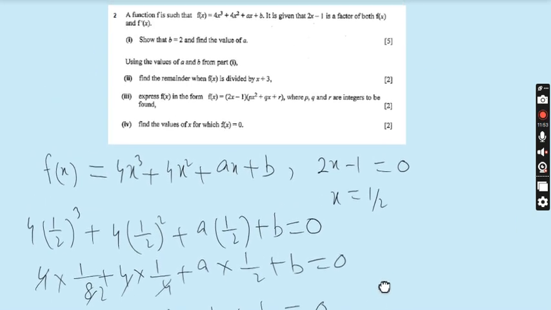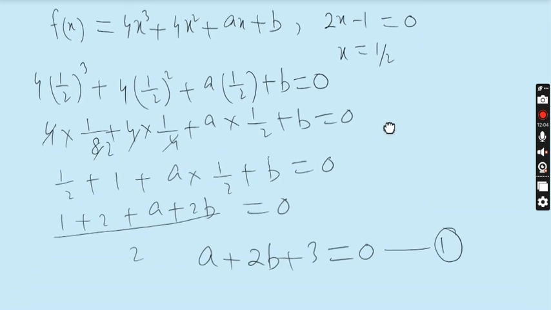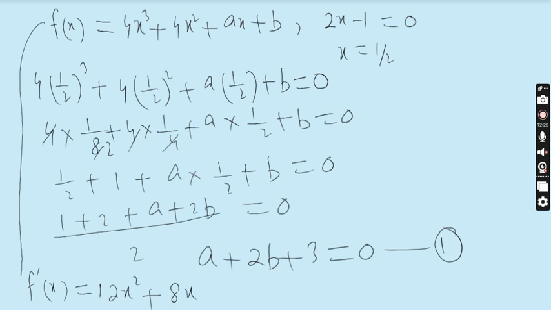Now look again at this expression. It is given that 2x minus 1 is a factor of both f(x) and f dash x. So what is f dash x? It means the derivative of the function. Derivative of 4x cube is 12x square. Derivative of 4x square is 8x. Derivative of ax is a, and derivative of constant b is 0.